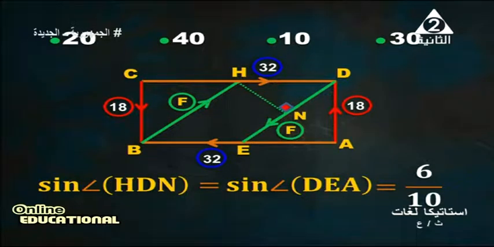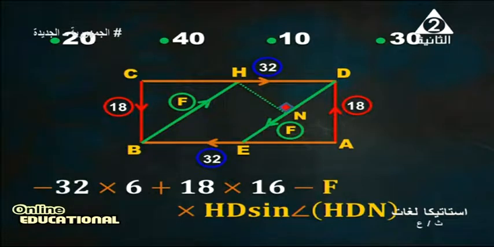Why is DE 10? Because DA equals 6 and AE equals 8, this is 3, 4, 6, 8, therefore ED equals 10 centimeters.